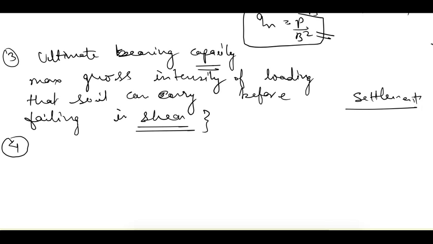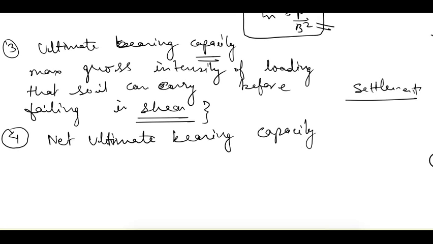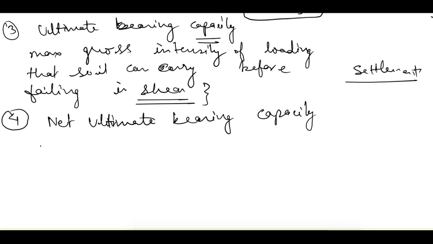Now the next one is net bearing capacity, or we denote it as net ultimate bearing capacity. So net ultimate bearing capacity is the maximum net intensity of loading that the soil can take before failing in shear.